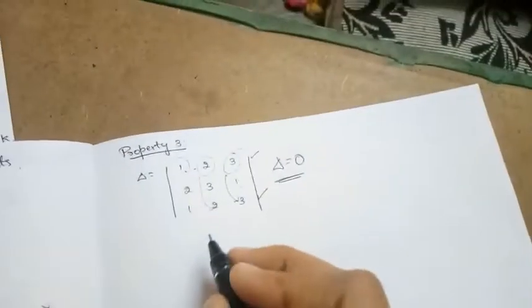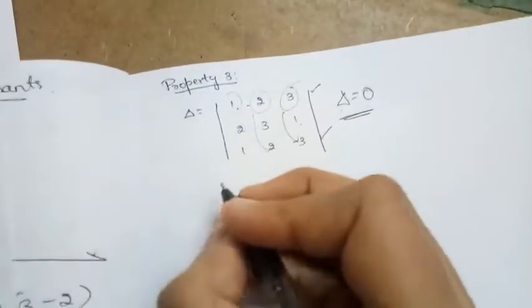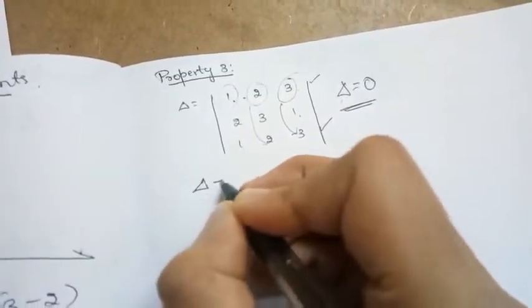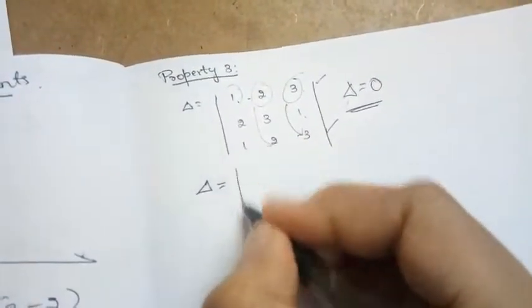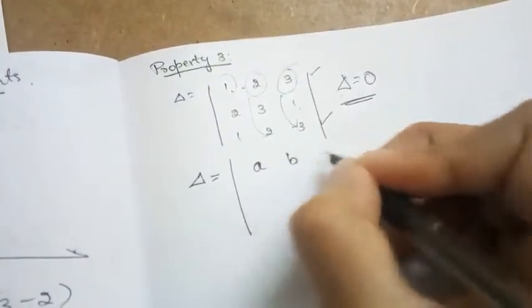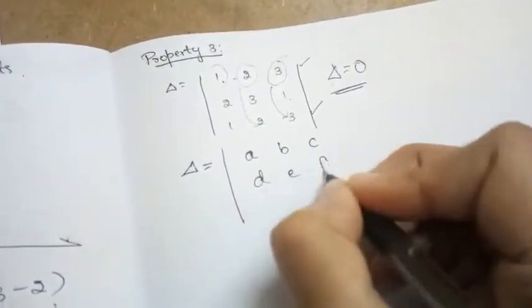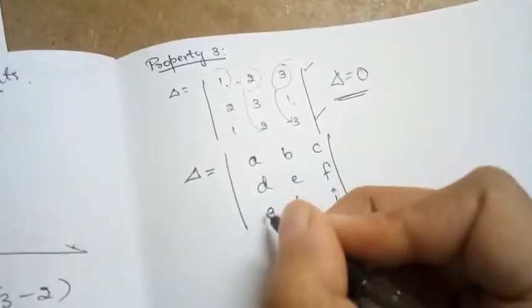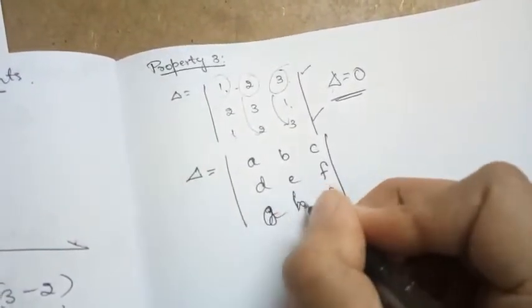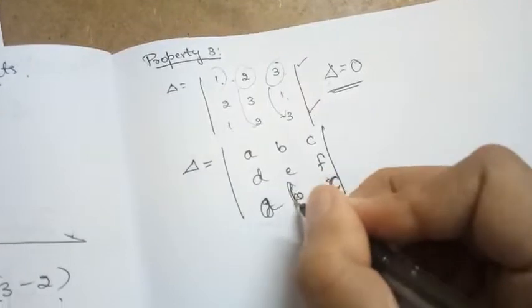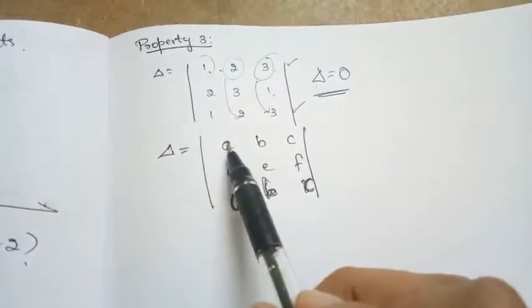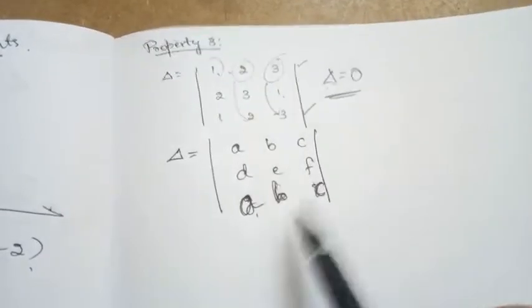Okay, how are we proving this? I consider one determinant, that is a, b, c, d, e, f, g, h, i. Here also I will call it a, b, c itself. I need to prove it for identical rows. You can see here our row 1 and row 3 are identical.